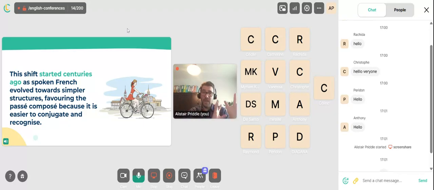Now, this shift in tense use started centuries ago as spoken French evolved towards simpler structures, favouring the passé composé, because it is easier to conjugate and recognize.